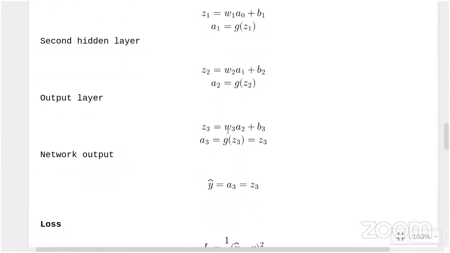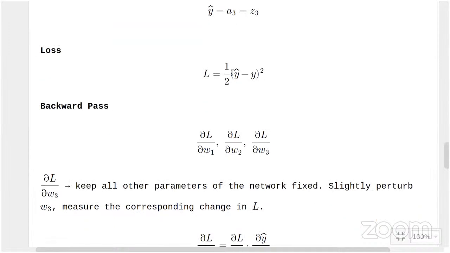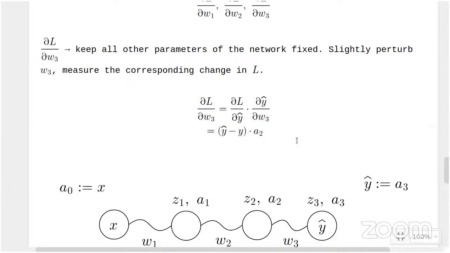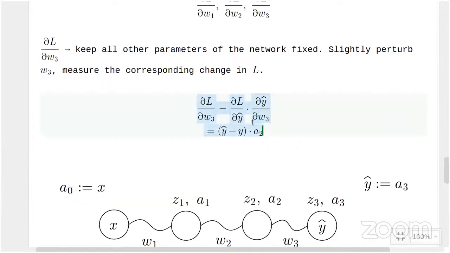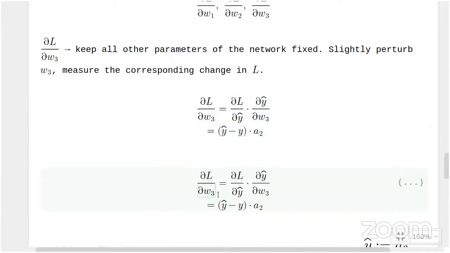See, dou L by dou W3 was what? Y hat minus Y into A2. Dou L by dou A2 will be what? Y hat minus Y into W3. You all see that? Yes, sir. While computing this, we have to compute dou L by dou A2 also, which is nothing but W3.